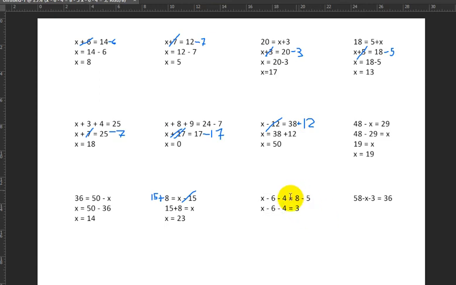And again, if you do 6 minus 4 here makes 2, that is a mistake. Why? Because this 6 is being subtracted, right? So what we're saying here is that I have a number and I'm subtracting 6 from it, and then I subtract another 4 from it.